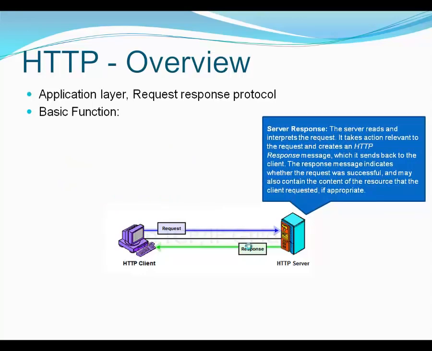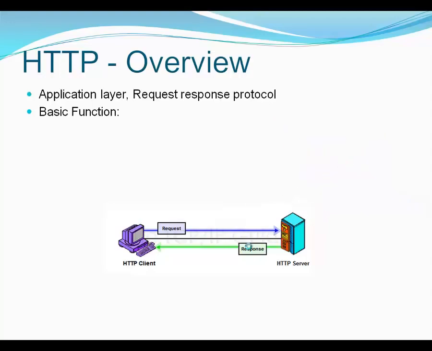The server reads and interprets the request, takes action relevant to the request, and creates an HTTP response message. Typically, these are HTML pages or the requested objects, which it sends back to the client. The response message indicates whether the request was successful and may also contain the resource that the client requested, if appropriate. If there is an error, the HTTP server responds with an error code. We'll see the error codes in detail.